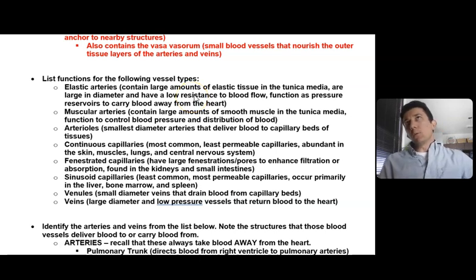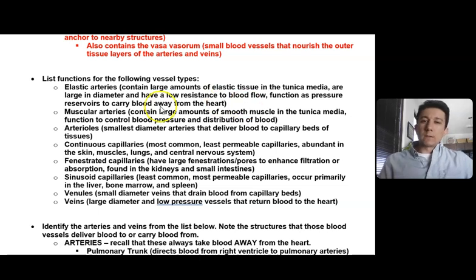So anytime we have a low resistance to blood flow, we're going to have really good flow rate. And it kind of makes sense if you think about the word. If you have high resistance to flow, right, you can imagine that flow will be impeded or slowed down. But if you have low resistance to blood flow, that's going to increase blood flow and promote movement of blood through those vessels when the resistance is low.